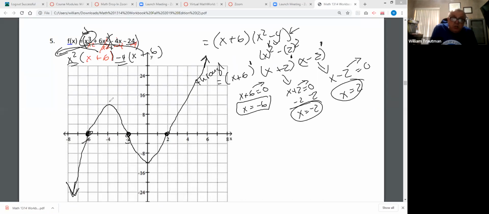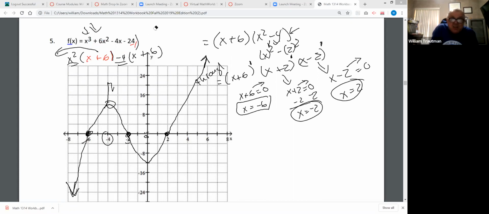If they want you, don't forget, you have to plug negative 4 into the original problem. It'll tell you how high it goes. Or you can plug in 0, in this case here. Plug 0 into the original problem, and I'm going to actually do that because that's easy.